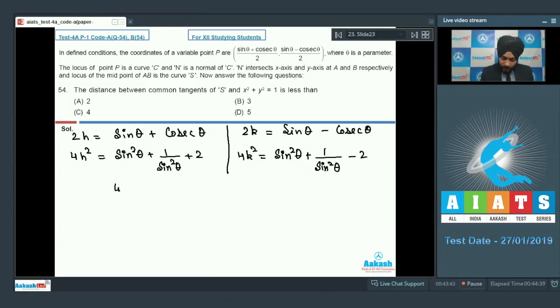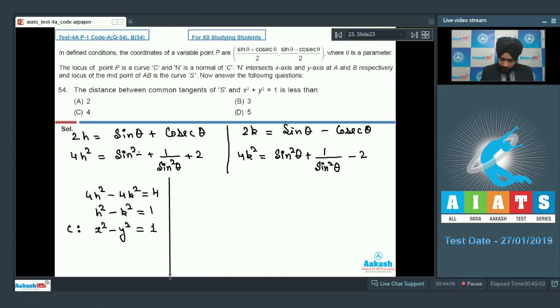So we have 4h square minus 4k square equal to 4, or h square minus k square equal to 1 as the curve which is given as C. So this curve is C.